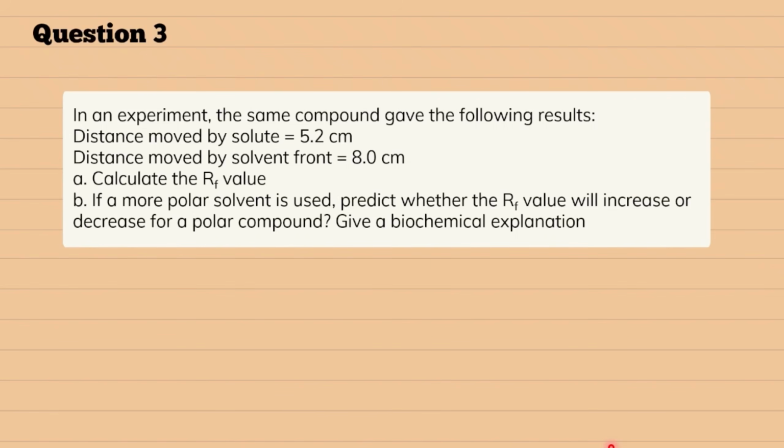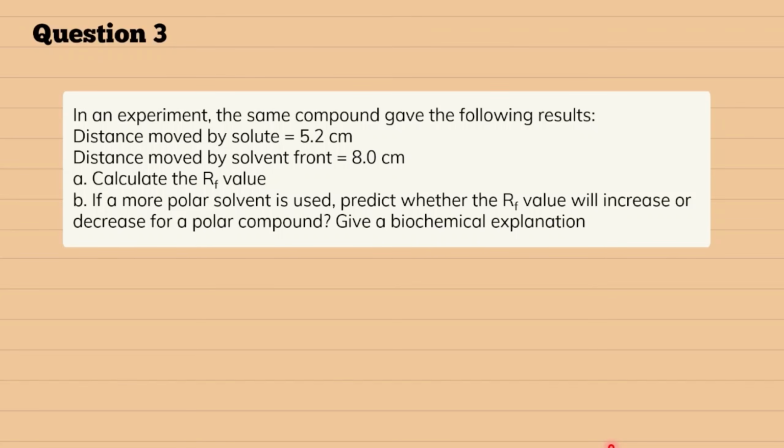Now heading on to question 3. In an experiment, the same compound gave the following results. Distance moved by the solute is 5.2 cm. Distance moved by the solvent front is 8 cm. Calculate the RF value, and if a more polar solvent is used, predict whether the RF value will increase or decrease for a polar compound.